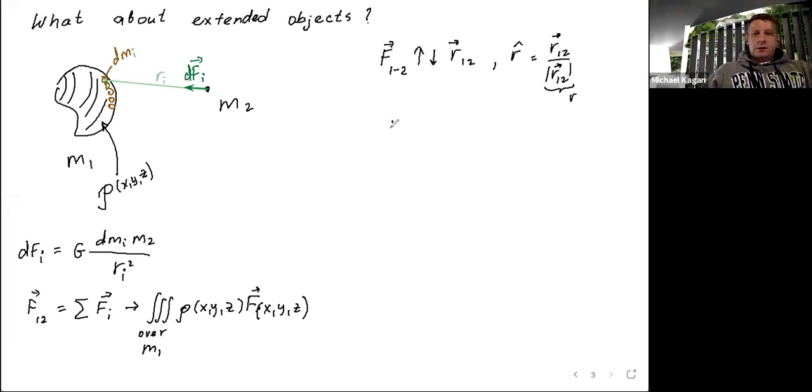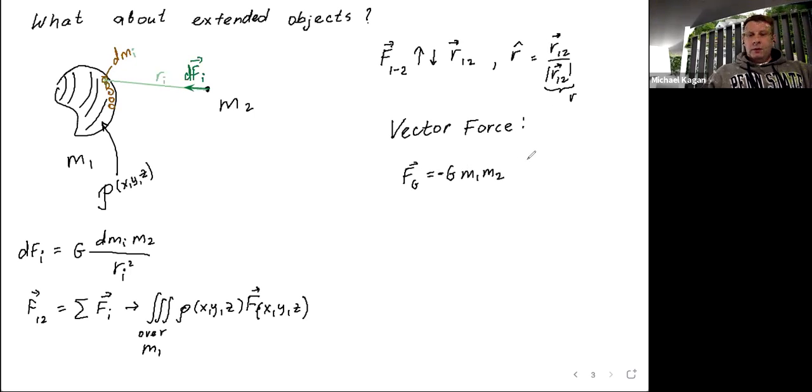You can suppress the subscript. And then the vector force Fg becomes G M1 M2, that stays. But then you need to take 1 over r squared, as before, times this unit radius vector, with a minus, by the way.